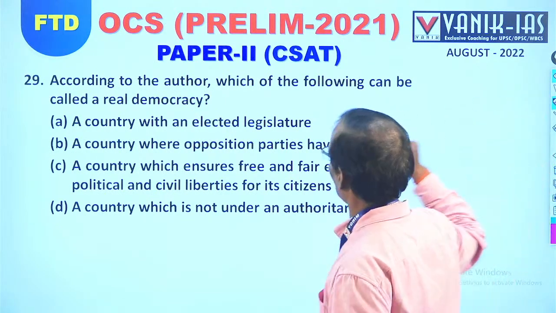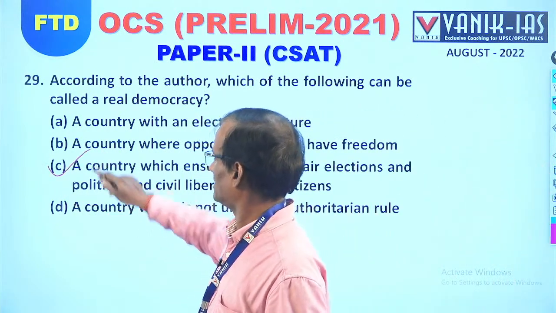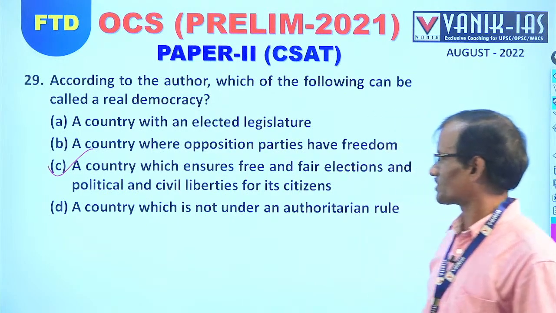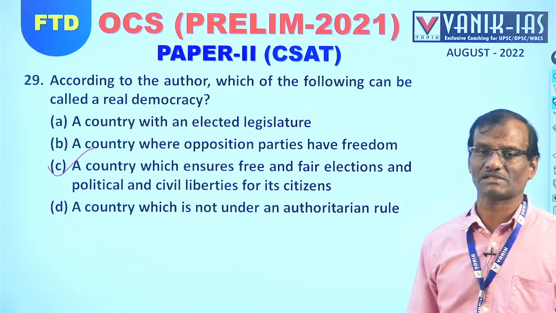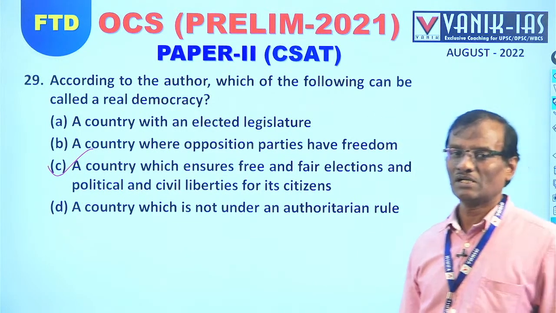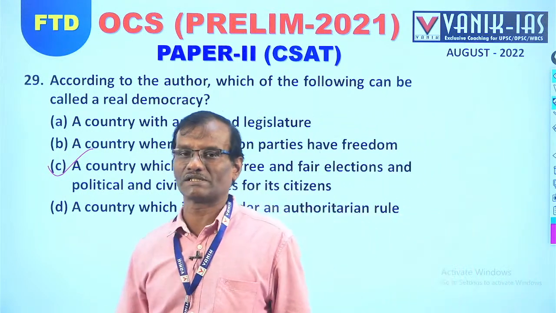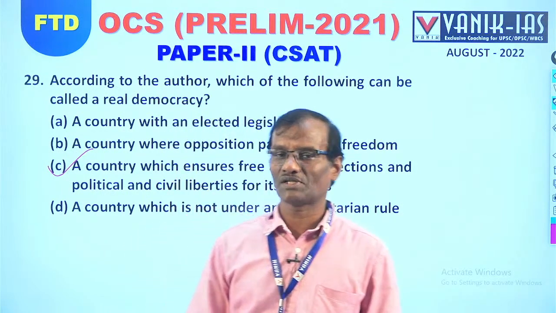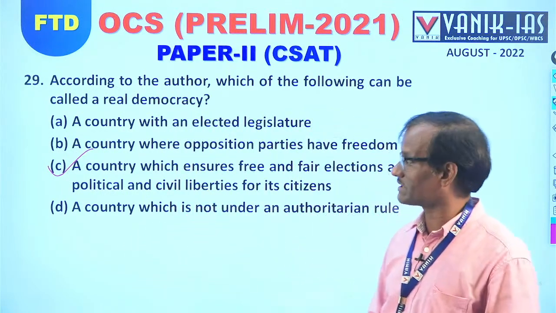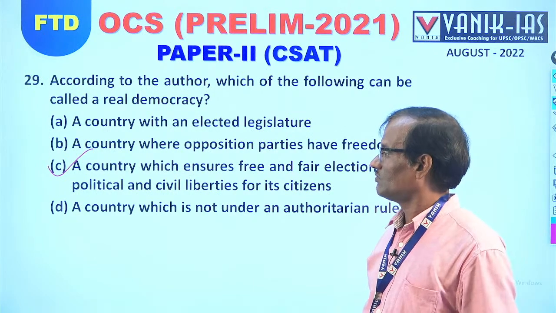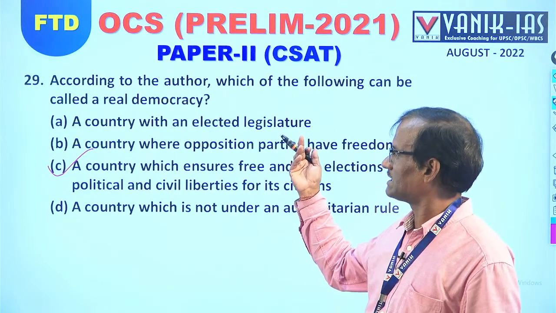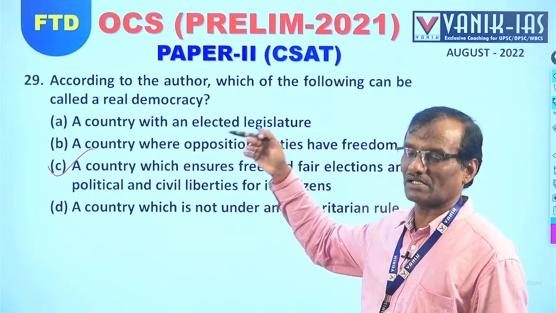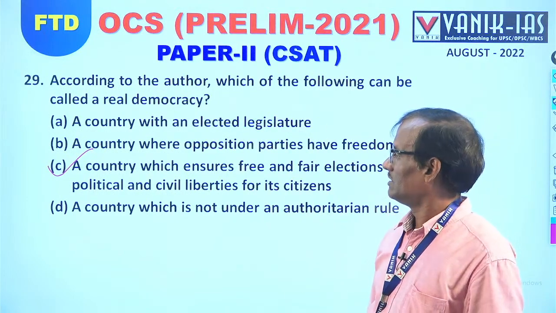It will be called truly a democracy when it ensures free and fair elections, because elections are the lifeline of a democracy. Without election, democracy is a nullity or a kind of failure. Although there is an elected legislature in a democracy, it's not mentioned how the election is conducted.